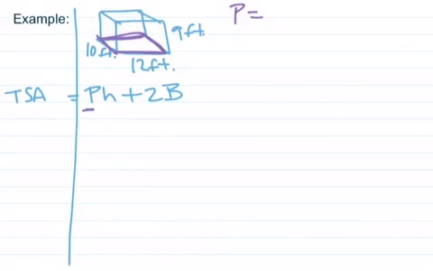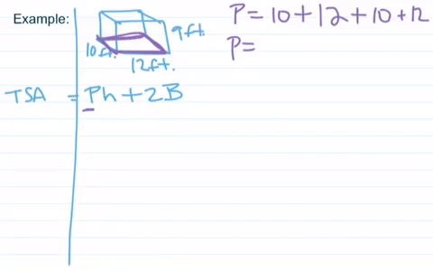So perimeter of my base is going to be 10 plus 12 plus this side is also 10 because we're dealing with a rectangle here, plus 12. So P is going to equal 44 feet. That's the perimeter of my base.